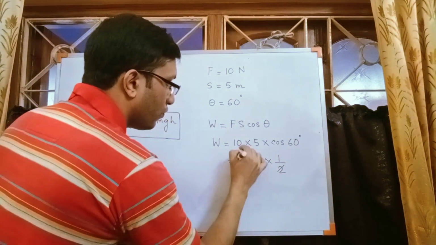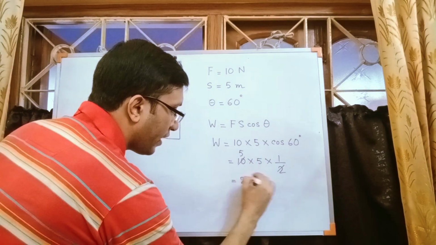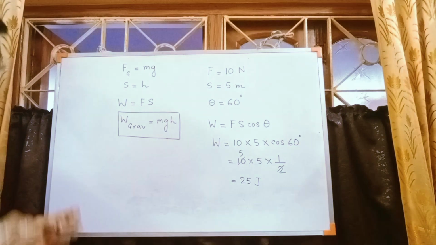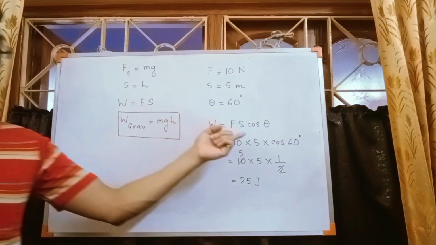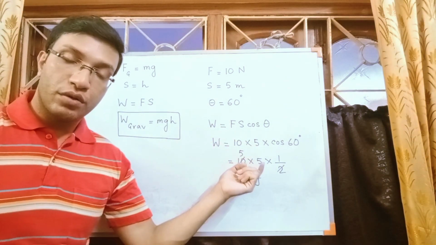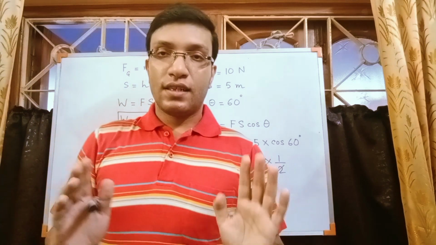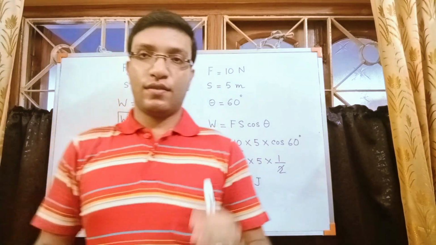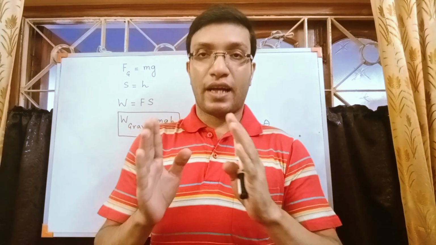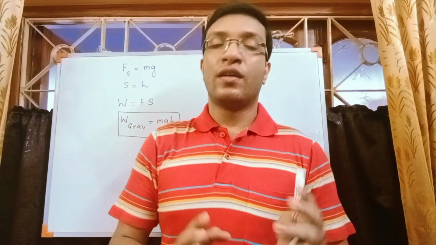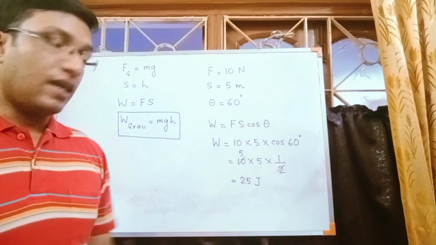So 2 5s are 10, that is 5 5s are 25 joule is the work done. This was a very simple numerical based on this formula that you have learned in today's class, right? So this is the most fundamental basic of this part, work. I again repeat that work is a scalar quantity whose formula is Fs cos theta.